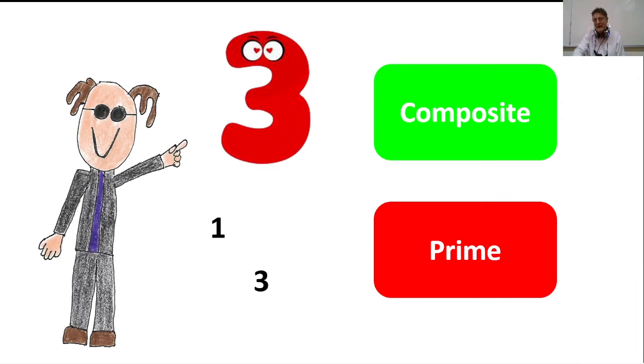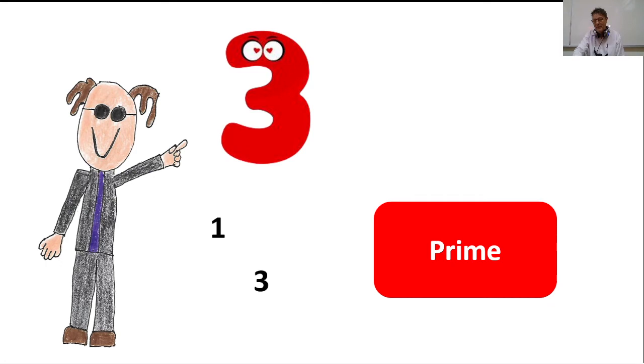It is a prime number because it is divisible only by itself and 1, or by 1 and itself. If you only get 2 numbers, then it is a prime number. Got it? Yes? Excellent.